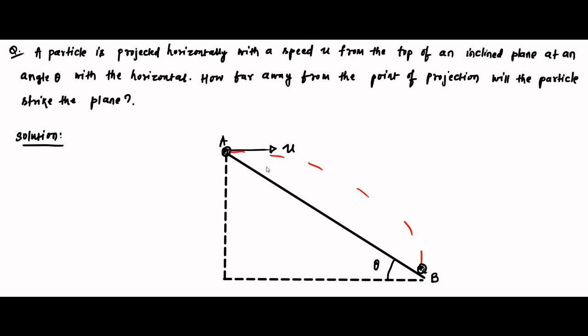Let's say the particle hits at point B. We want to find this distance AB, and we want to find it in terms of the constant values, that is this angle theta, the inclination angle, the horizontal velocity u, and the acceleration due to gravity, which will come into play. There are no numerical values given, so the result will be in the form of an expression.